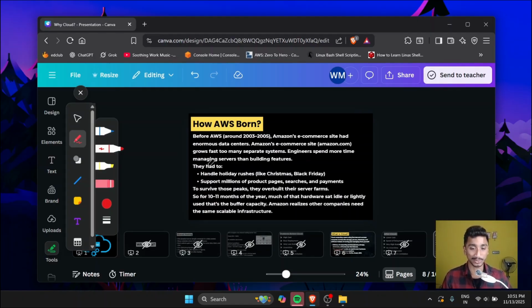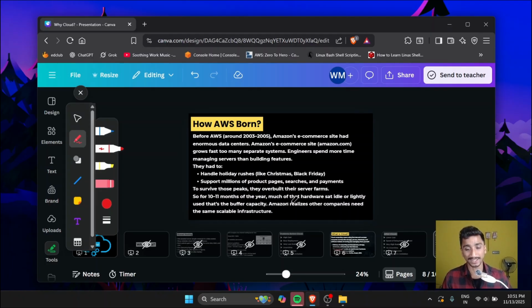They had to handle peaks like Christmas and Black Friday, supporting millions of product pages, searches, payments. To survive those peaks, they overbuilt their server farms. So for 10 to 11 months of the year, much of that hardware sat idle or lightly used. That was the buffer stock capacity.